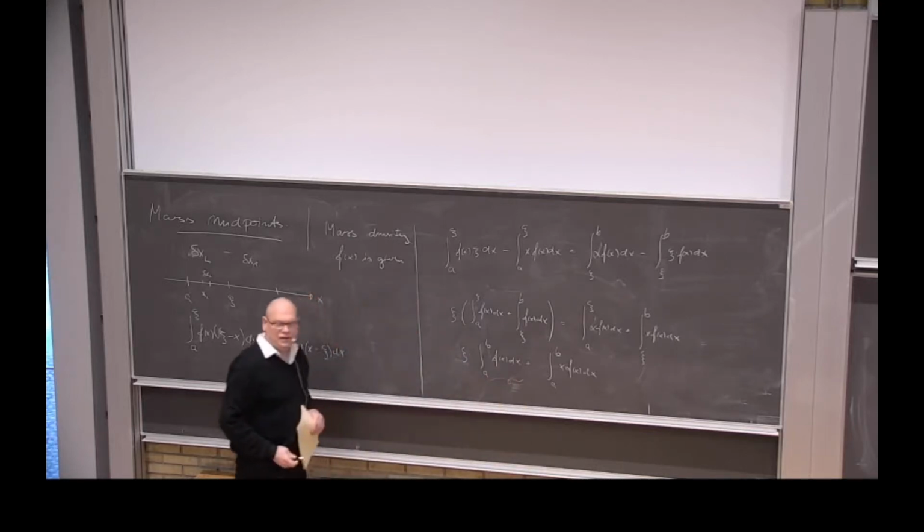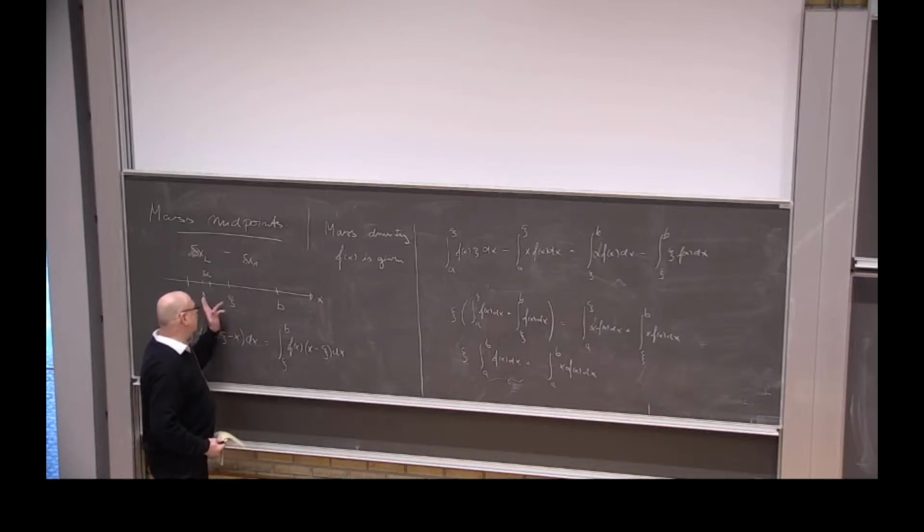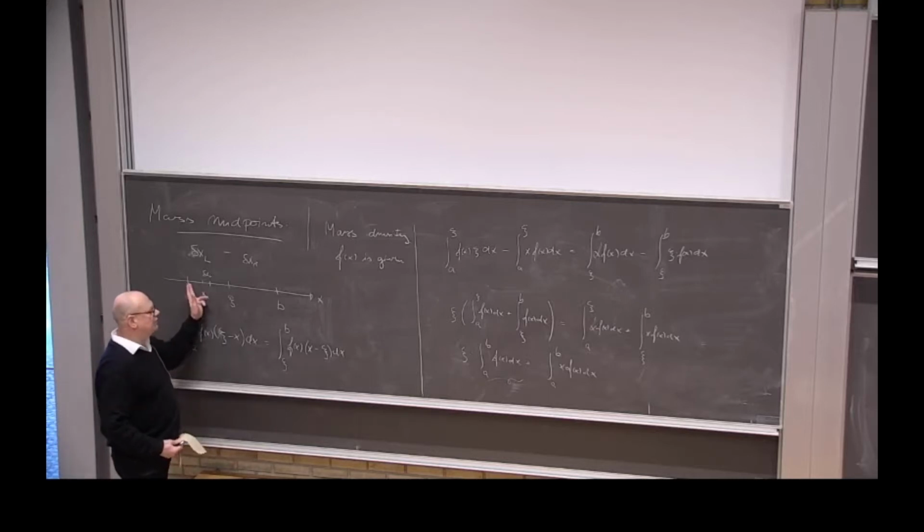Now this one here, what is that? The integral of f(x) dx. So simply integrating the mass function from a to b, what do you then get? You get the total mass.